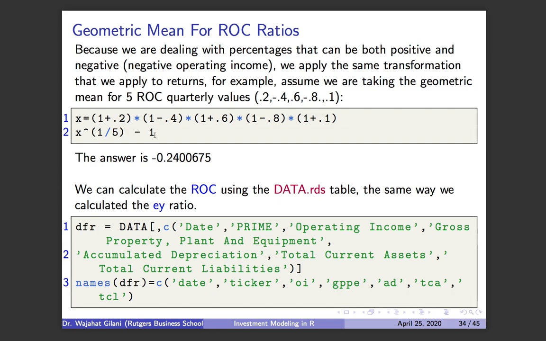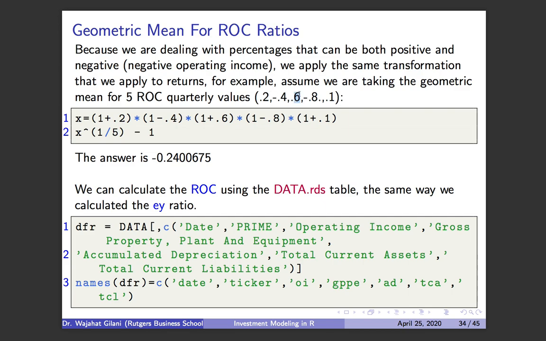Same concept. Do you see now? That is why we use the geometric mean. The concept is the same. In this case, the answer is going to be negative 24%. In those 5 quarters, their ROC was consistently at a negative 24%.